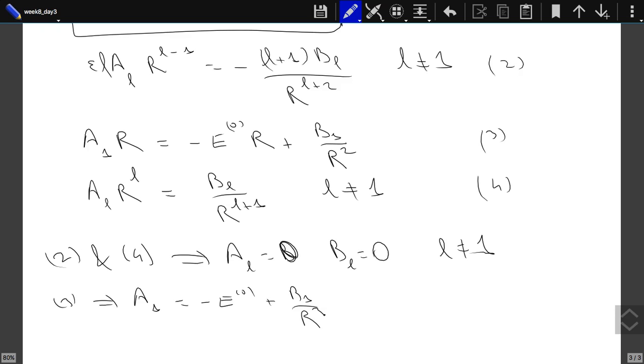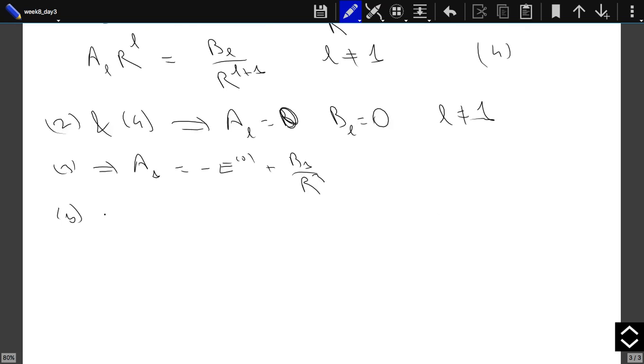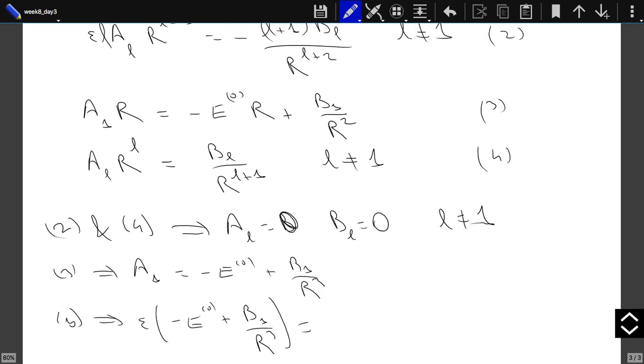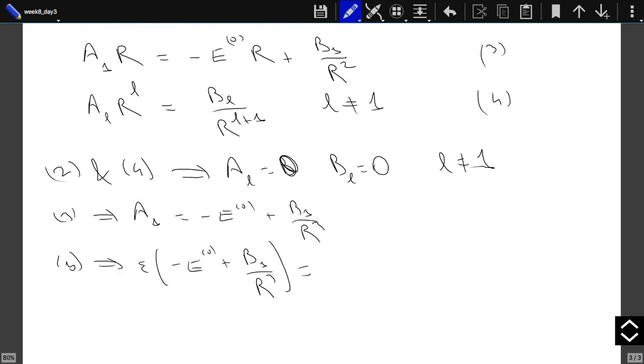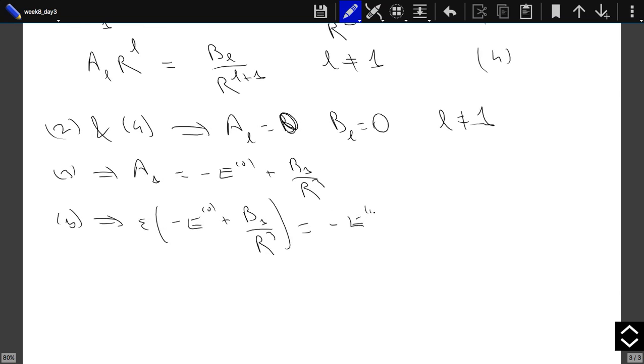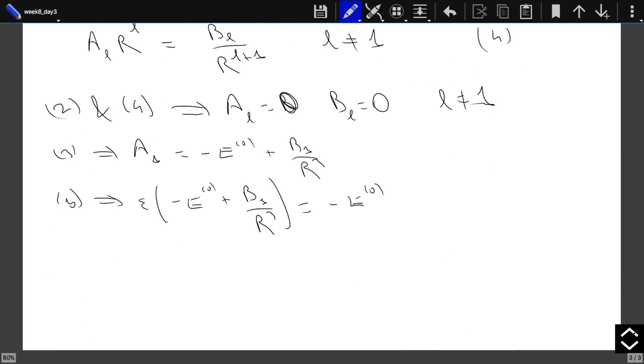I just divided left-hand side and the right-hand side by R. And then equation 1 tells me that epsilon times minus E0 plus B1 over R cubed should be equal to, using epsilon times A1, the left-hand side, minus E0 minus 2B1 over R cubed.